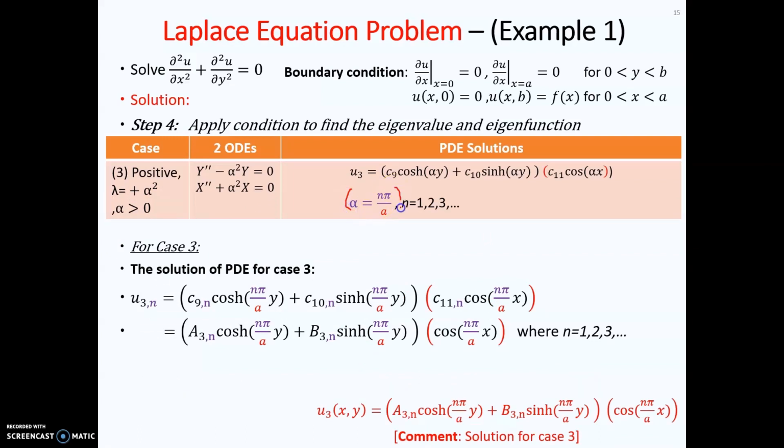So you can substitute alpha inside this equation, and you should obtain this, and multiply the constant C11 with the constant inside. You should obtain the constants A3, B3 here. Since you have n index from 1, 2, 3 and so on, therefore U3 is changed from a single solution into multiple n index solutions. So this is the solution for case 3.